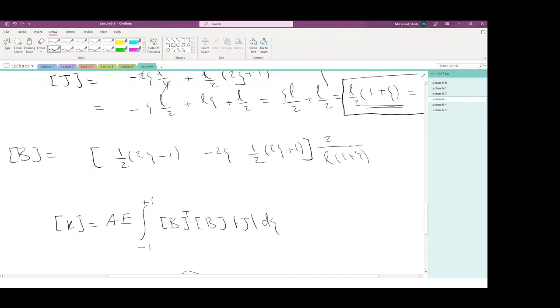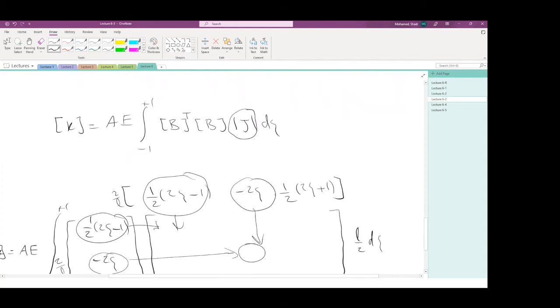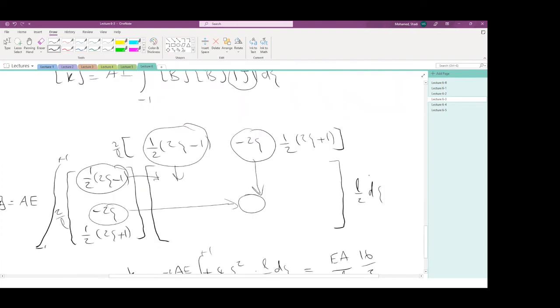And if you go to the stiffness matrix, this determinant of the Jacobian will also need to be replaced. So when you come here, it is not L over 2, it is L over 2 multiplied by 1 added to psi, d psi.